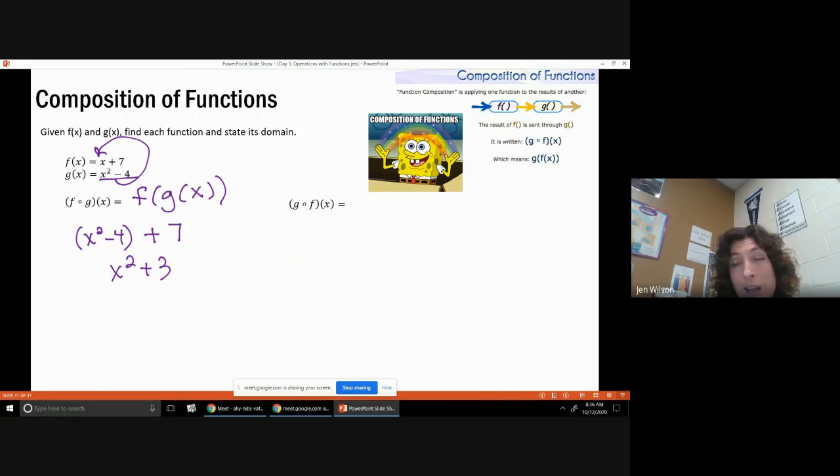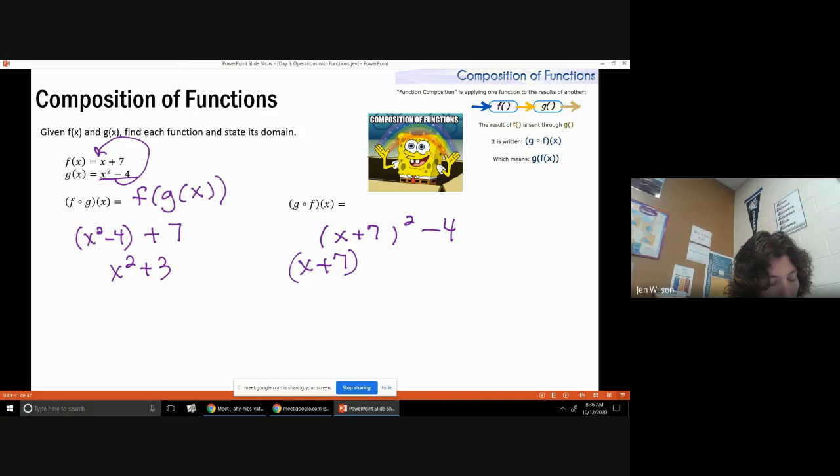Now we're asked to do it the other way, where we're going to put f of x into g of x. And so I'm going to write g of x with a blank squared minus 4. And I'm going to put inside x plus 7. So since it's x plus 7 squared, I'm going to write it twice. And I'm going to FOIL.